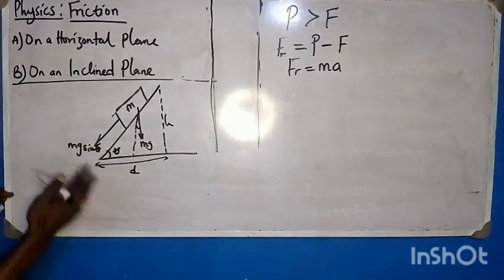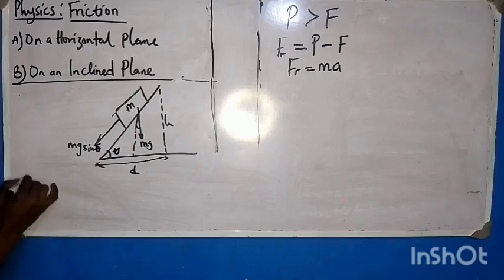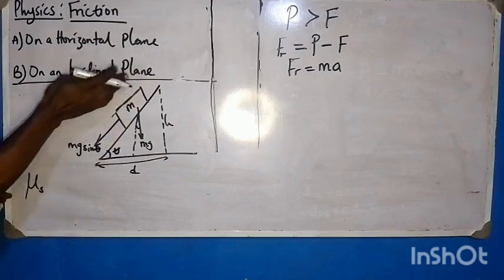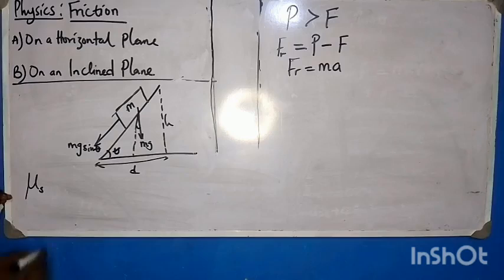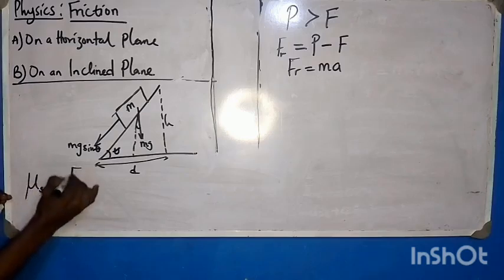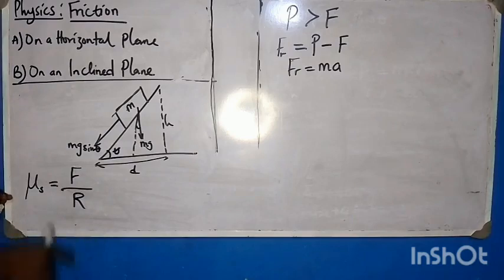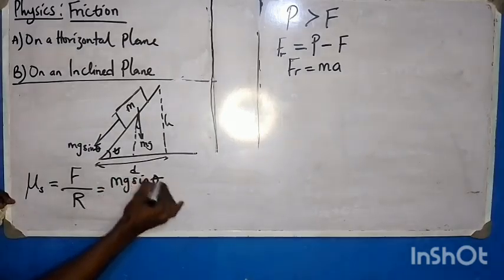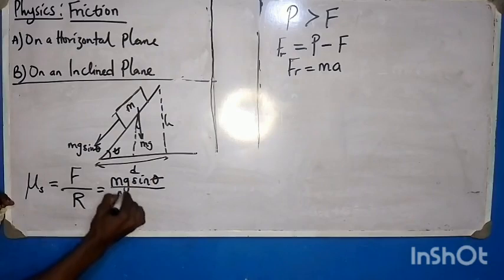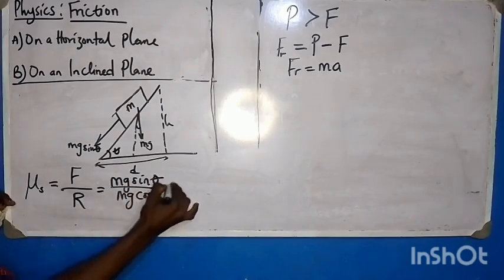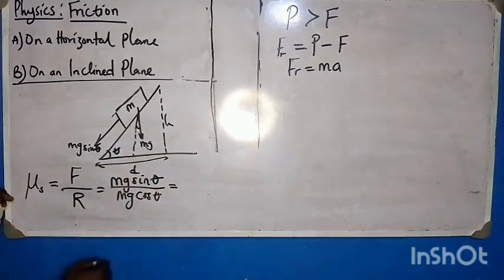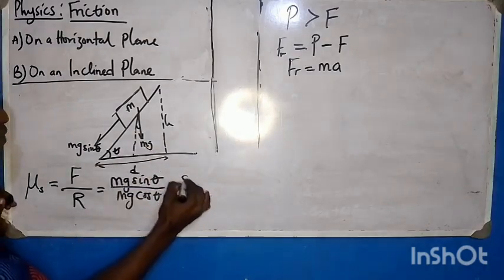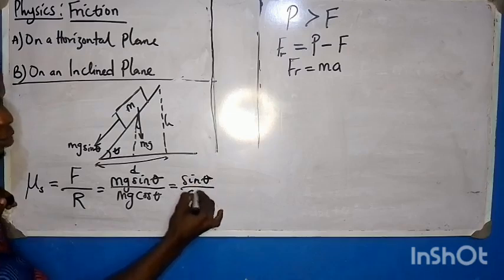Alright, so from here we can find out our coefficient of static friction, remember we start with static friction, the body is still at rest, has now started moving in that inclined plane, is equal to, remember, our frictional force all over the normal reaction. But in this case, the frictional force is mg sine theta and our normal reaction here is mg cosine theta. So if we cancel the mg out, we are going to have sine theta all over cosine theta.